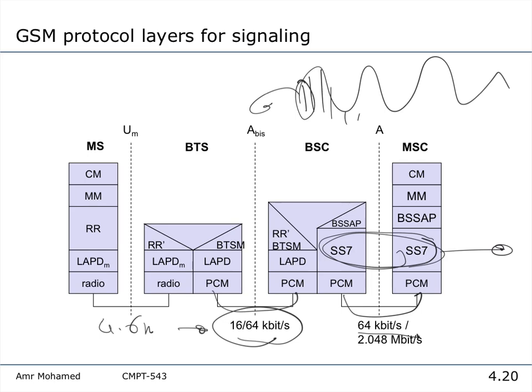So this is the Um interface, the Abis interface, and the A interface. From here to here, we multiplex multiple voice signals all at the same time from one component to another. So that's why the traffic rate gets higher and higher.